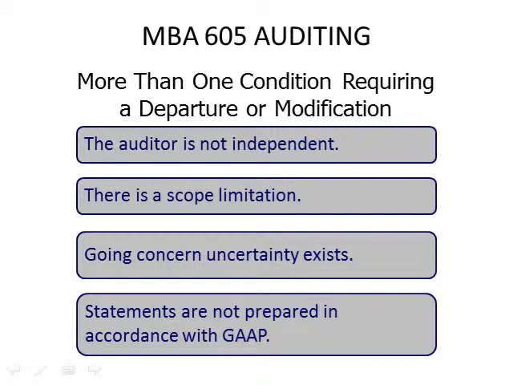For instance, if the auditor is not independent, we would issue a disclaimer. We're not issuing an unqualified or a qualified opinion; we're issuing a disclaimer because we're not independent, so we can't say whether the statements are fairly presented or unfairly presented. If a going concern uncertainty exists, there again we're issuing a different kind of report. It's not unqualified, it's not qualified, and it's not an adverse opinion.